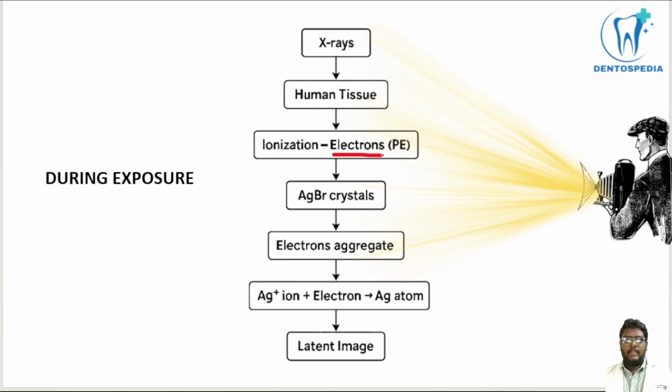These electrons get kicked out of the ion, and they get attracted towards certain areas called electron trap areas. The electrons aggregate, and Ag plus ions get attracted towards the electrons and are converted into silver atoms. So wherever the silver atoms are present, it is represented by blackness in the film, in the latent image. This is the whole process of latent image formation.